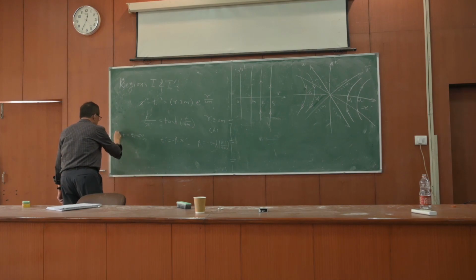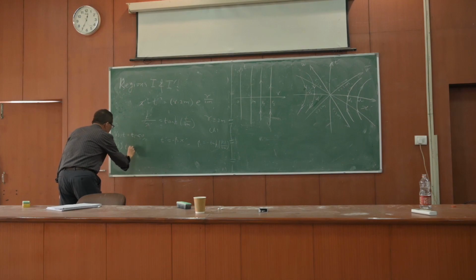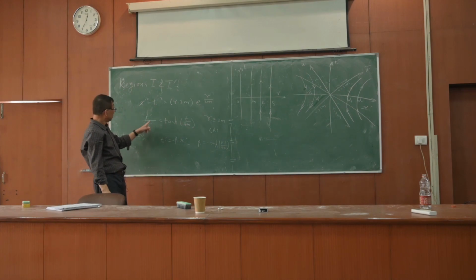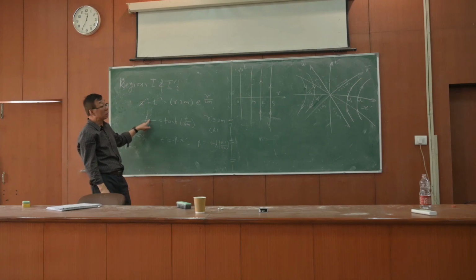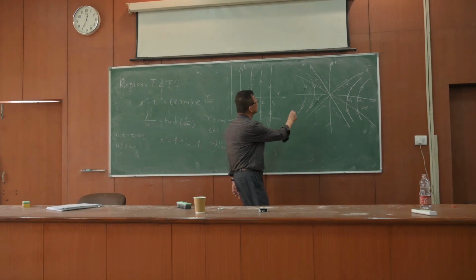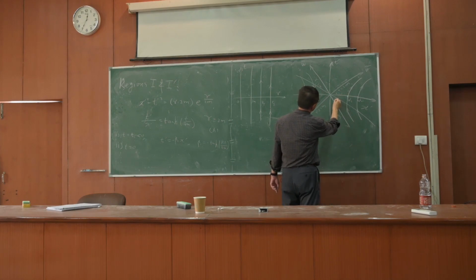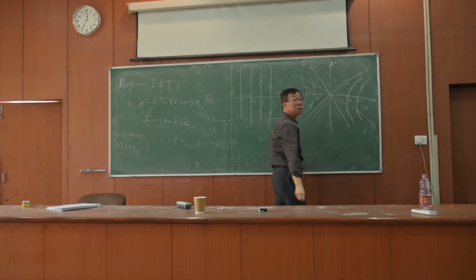Let's say this is case 1. What about case 2? T equals 0. T equals 0, this equals 0. My T prime equals 0, right? So this is actually the line T equals 0. This is a line, T negative. Correct?